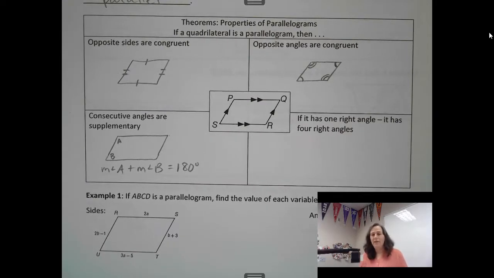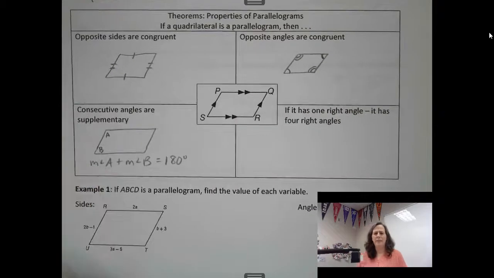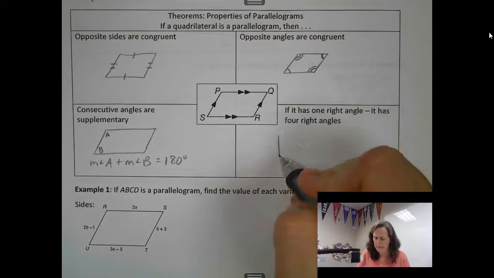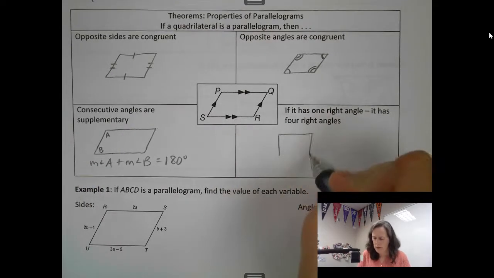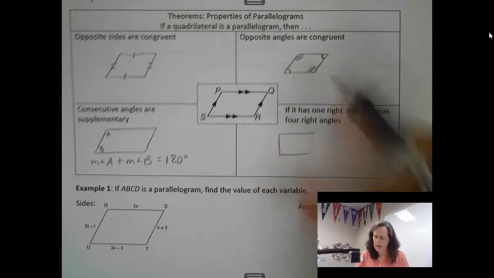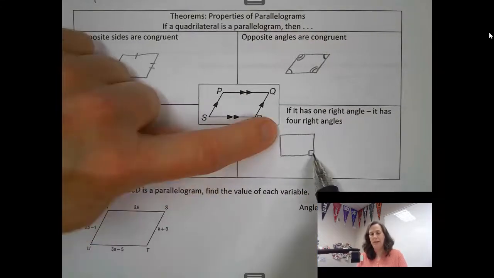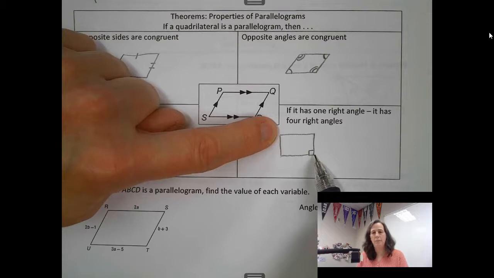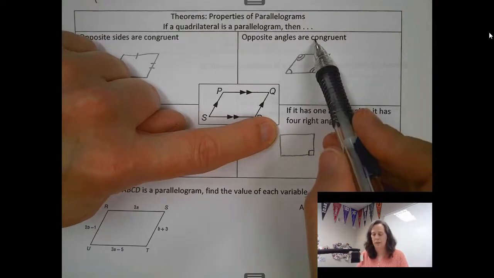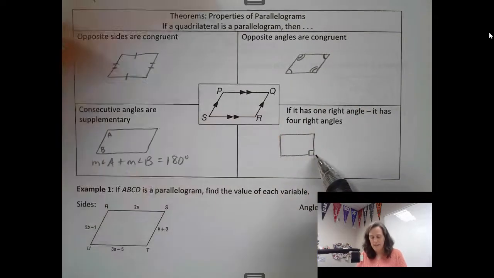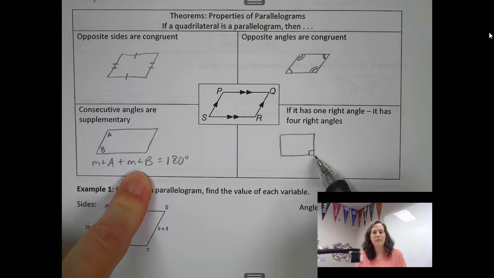Okay. If a parallelogram has 1 right angle, it has 4 right angles. If 1 angle is 90 degrees, remember then the opposite one has to be 90 degrees because this says opposite angles are congruent, and consecutive angles are supplementary, they add up to be 180.